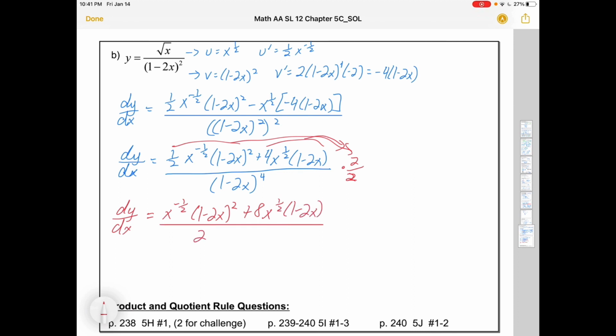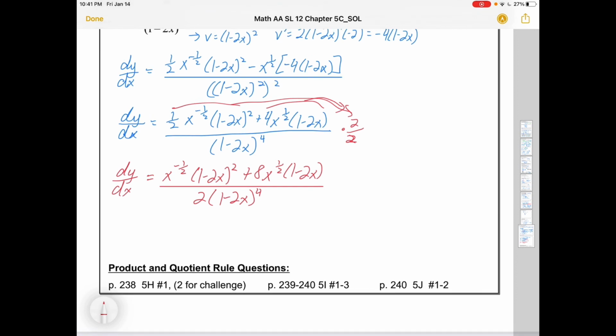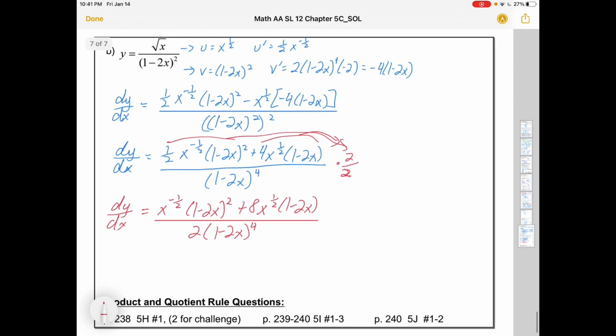And on the bottom, you'd have 2(1 - 2x) all to the 4. That is plenty for doing this one. If you want to go further, you can. But here are some practice questions on page 238, 239, and 240, where you're just plugging and chugging with the product and quotient rules. I honestly think they're probably a little less rough than the examples that I've given here.